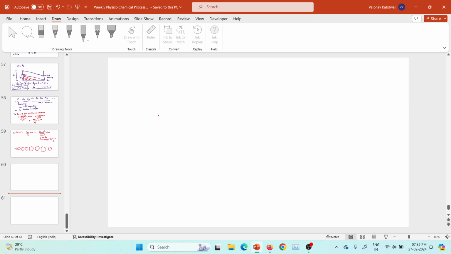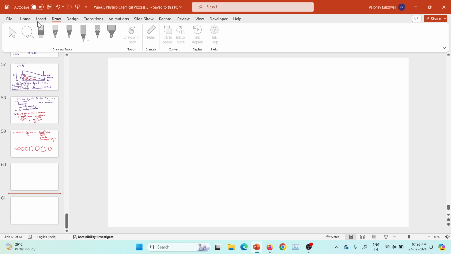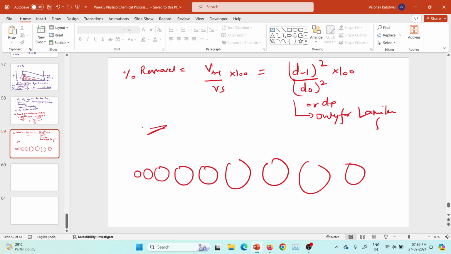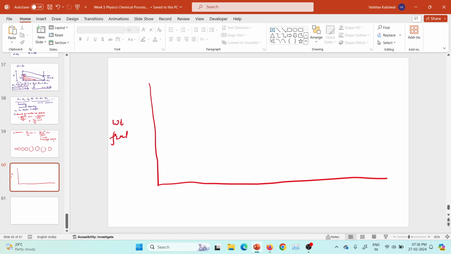And in sieve analysis, we'll plot the weight fraction retained with respect to diameter of particle or settling velocity.